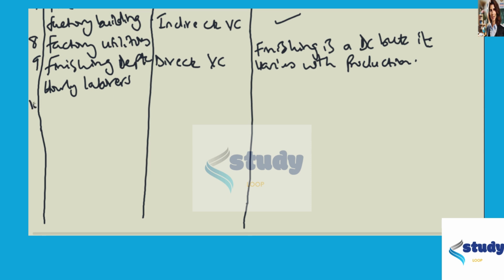Now, the tenth one is the mixing department manager. This is an indirect fixed cost, because it doesn't directly involve production and doesn't vary with production level.